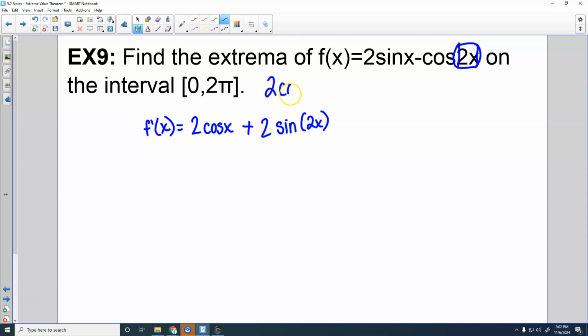Let me write that so that's not confusing. So you had a minus, and then you get negative sine of 2x, and then you have to multiply that by 2. So that negative times the negative becomes positive, and then you've got that 2 right there.